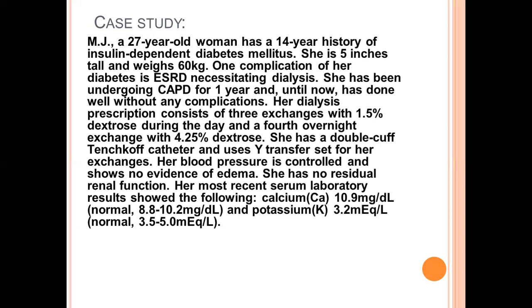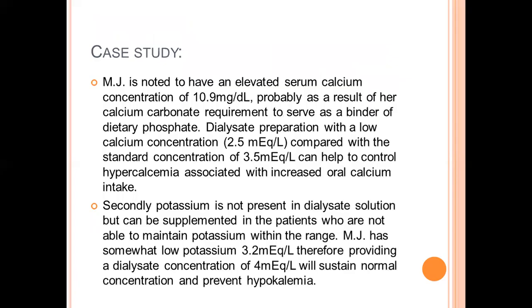It shows a lower level of potassium. So MJ is noted to have an elevated serum calcium concentration of 10.9 milligram per dl, probably as a result of her calcium carbonate requirement to serve as a binder of dietary phosphate.